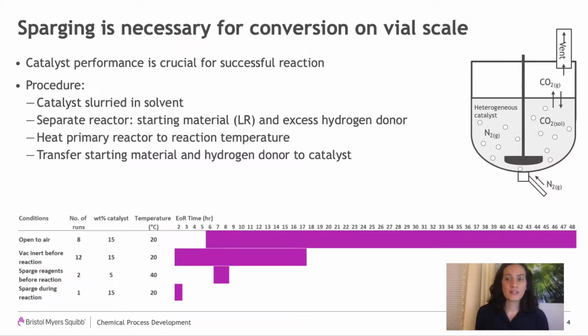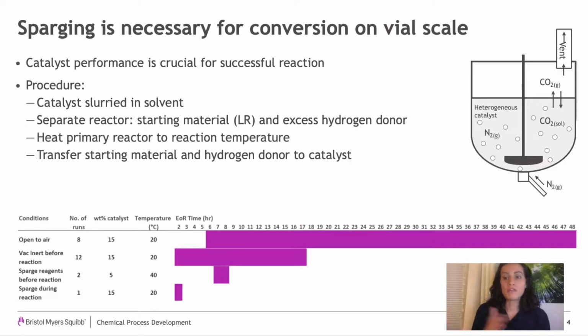The purple bars here on this chart indicate the range of reaction times seen for each condition. So with each iteration of control moving down the chart, we've seen a reduction in variability. When we performed this open to air, we performed 8 runs and we saw a variability of 6 hours to just terminating the experiment at 48 hours.